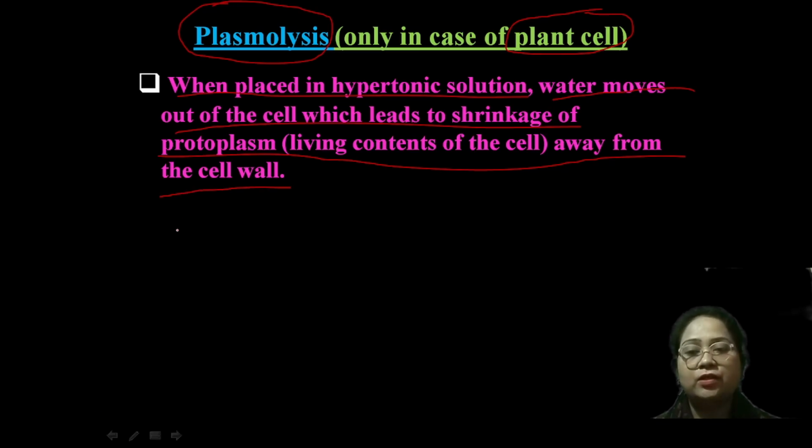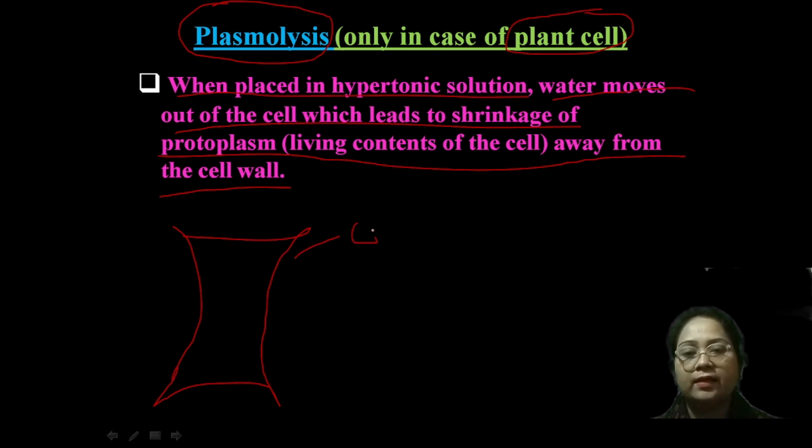So in case of plant cells, suppose this is the outer covering, because a plant cell has a cell wall. This is the outer covering of the plant cell, and it is called the cell wall. Okay, then inside the cell wall we have the plasma membrane.